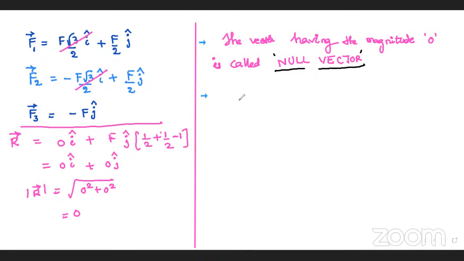Null vector its magnitude 0. Magnitude 0 means we can't draw a straight line with the arrow mark. We can't put arrow mark. So it has no specific direction. That's why we write here it has no specific direction.